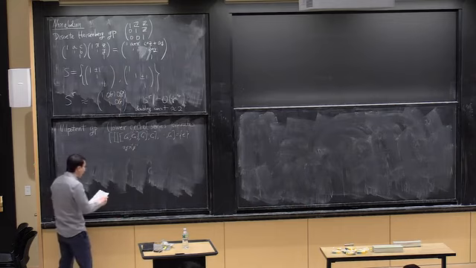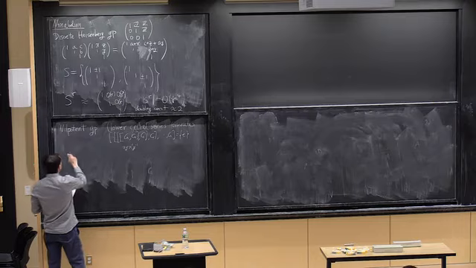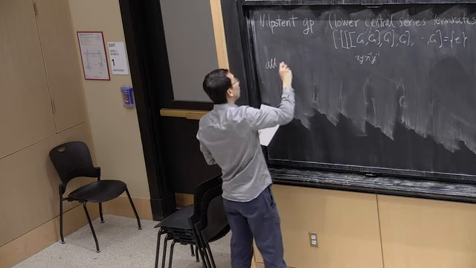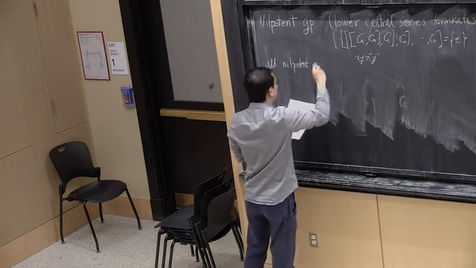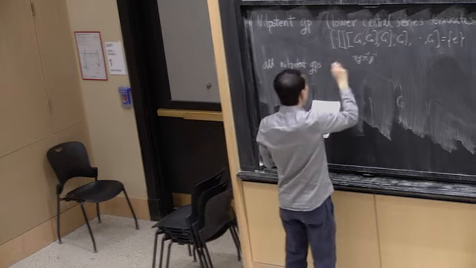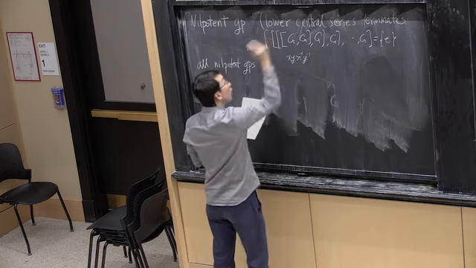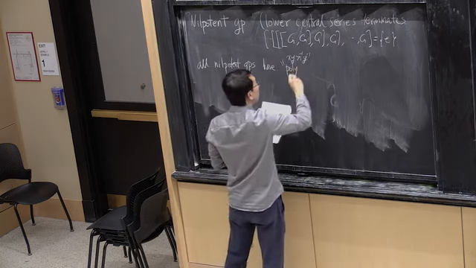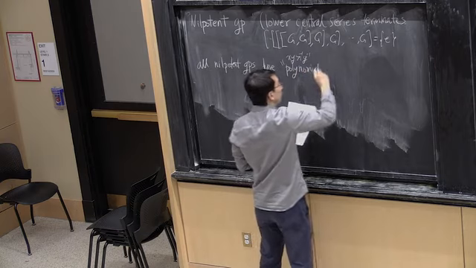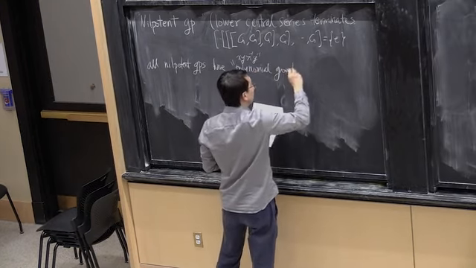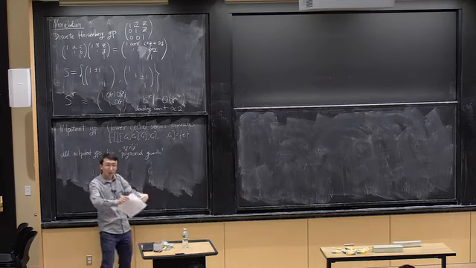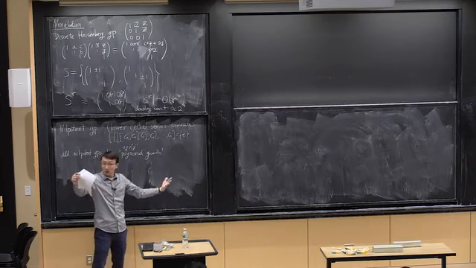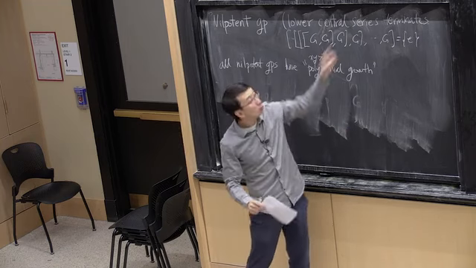And so more generally, all of these nilpotent groups have this polynomial growth phenomenon. If you take a set of generators and look at a ball and look at the volume of the ball, how does the volume of the ball grow with the radius? It grows like a polynomial.